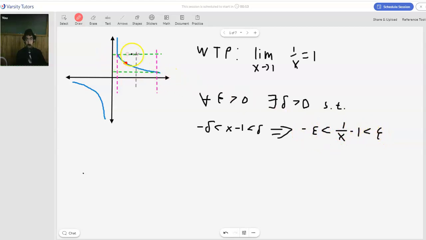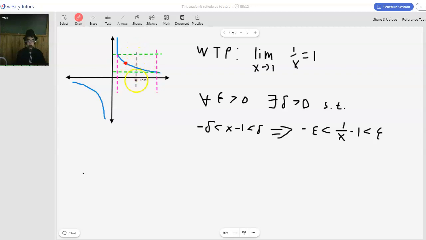That means wherever we set these green horizontal lines, which have a tolerance of epsilon to either side, you can come up with lines that surround this point and say, as long as you're within these bounds, you'll be within these green bounds.